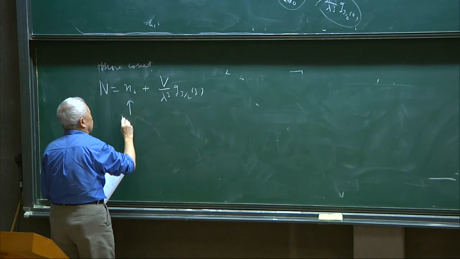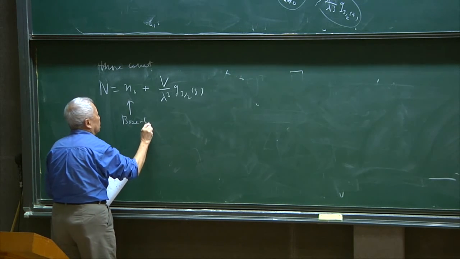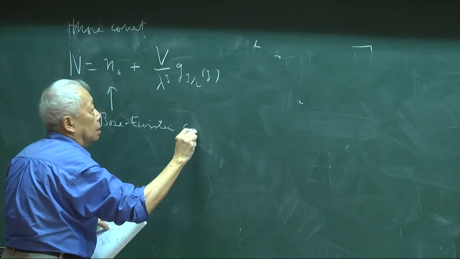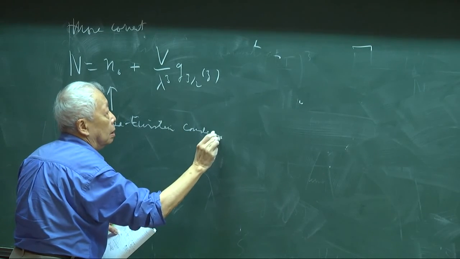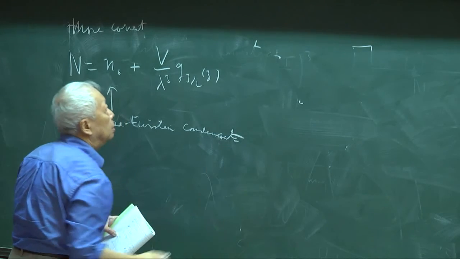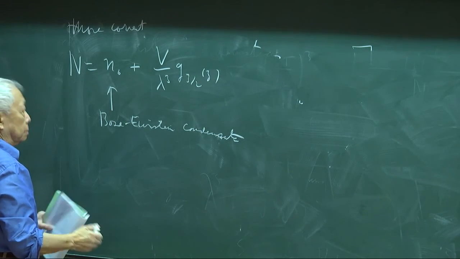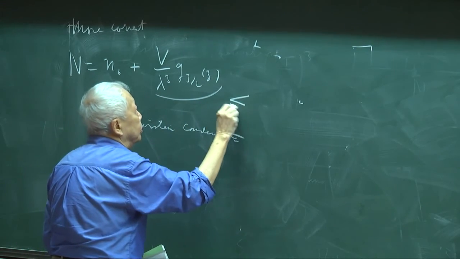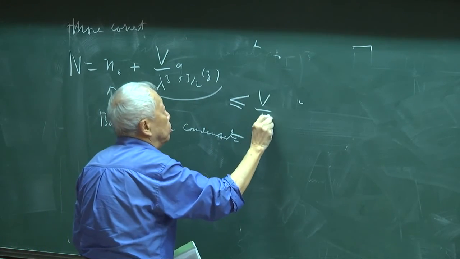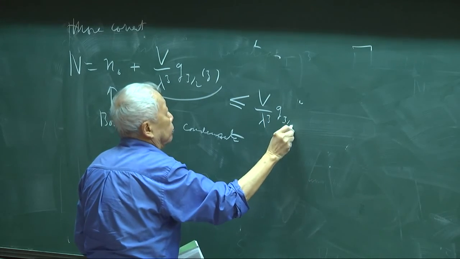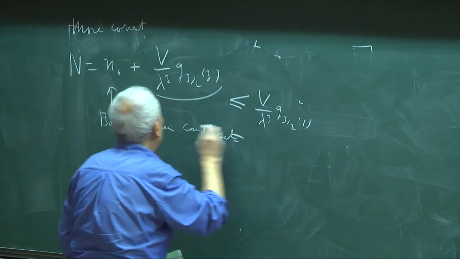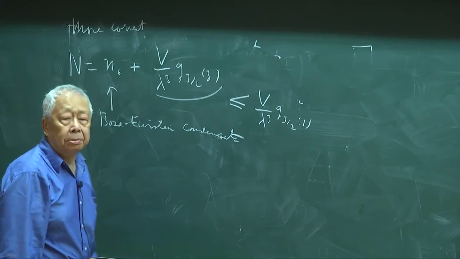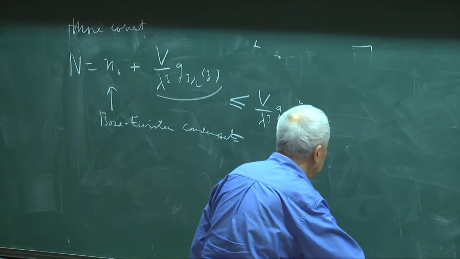And this term is the Bose-Einstein condensate. And this term is less than or equal to V over lambda cube G 3/2 of 1. If we choose N very large so that this does not accommodate it, it has to go into this term. And that's the condensate.